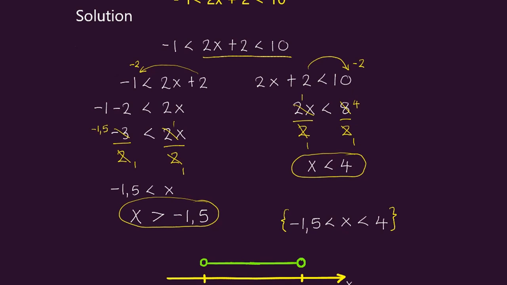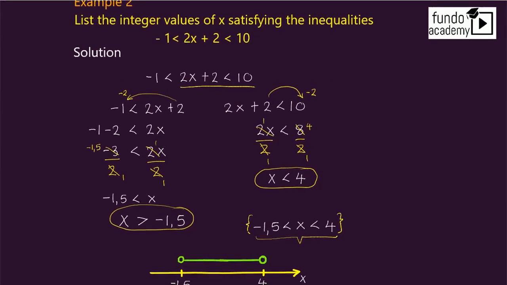So in other words, we want to look for the integer values that are within this range, within this solution set. So from -1.5 to 4, which whole number values? Remember integers are whole number values, either positive or negative.